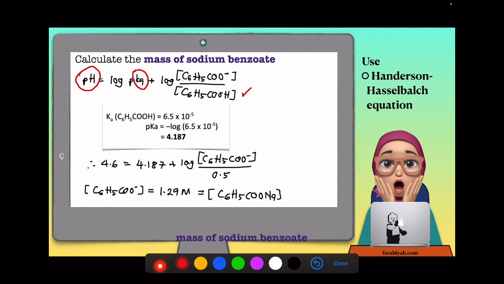Okay, so calculate the Ka, calculate the pKa, and you can substitute in the Henderson-Hasselbalch equation. And then you will get the concentration of conjugate base, which is the same as the sodium benzoate.